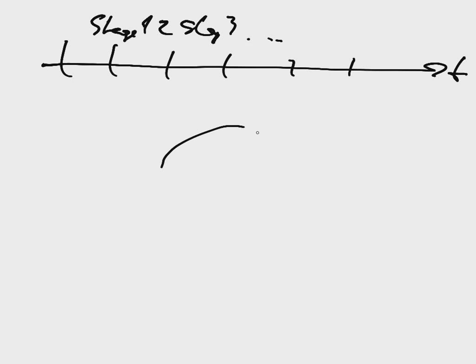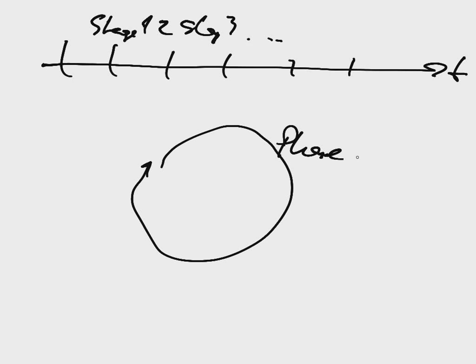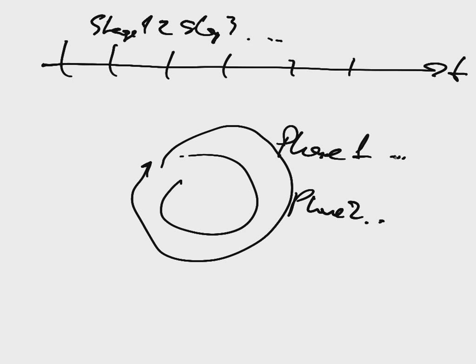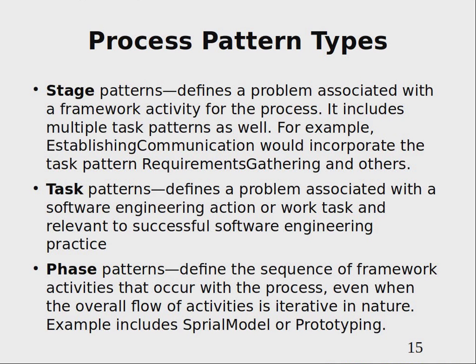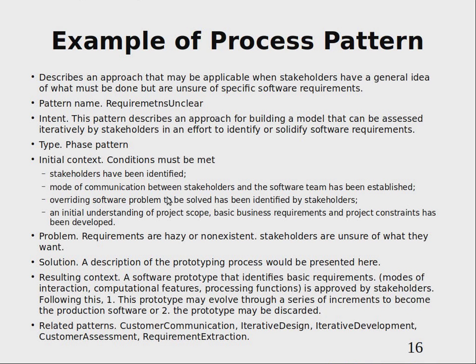If you do cycles, then you usually talk about phases. So you go through one iteration, phase 1, then you redo, it is phase 2, etc. But I will not be surprised if you find some exceptions to this.